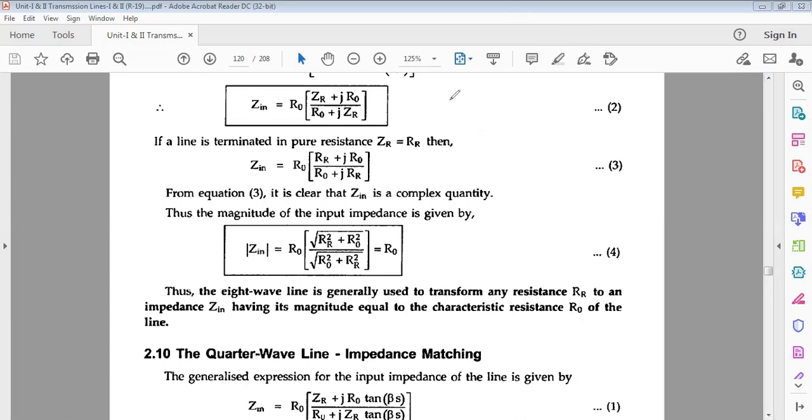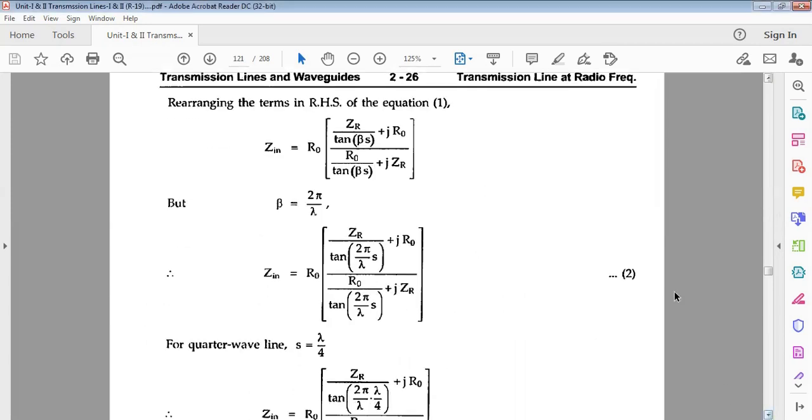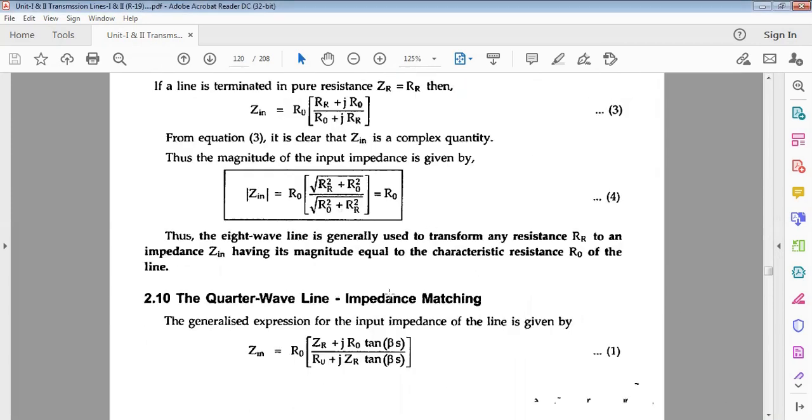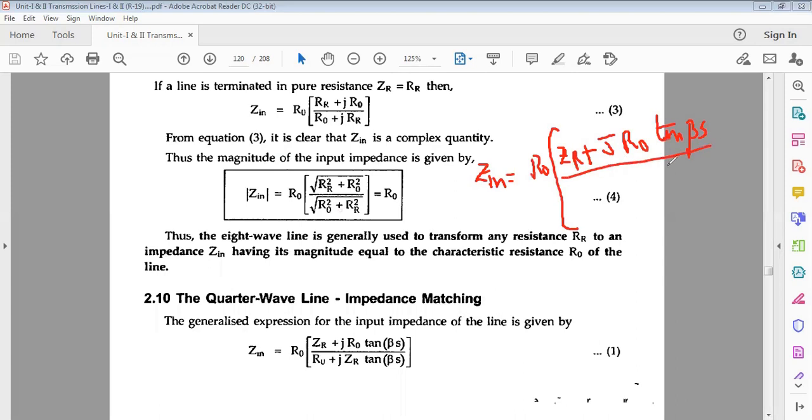Zin is equal to Z0, written as R0, into ZR plus J into R0 tan beta L, or beta S. S is the length of the transmission line.